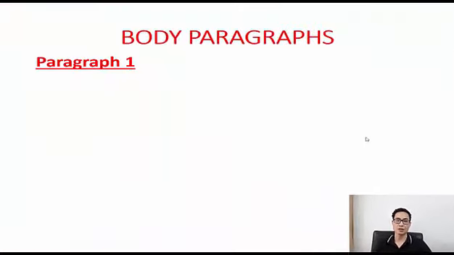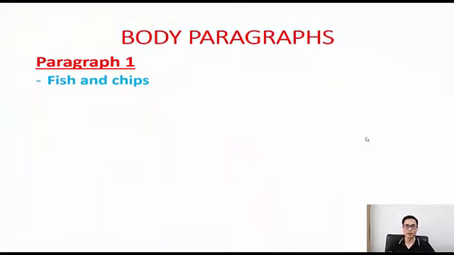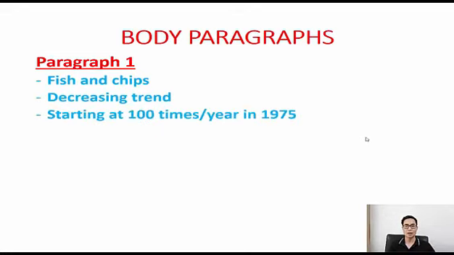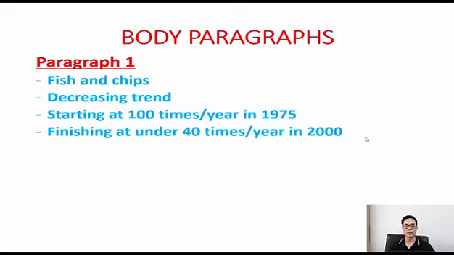Based on this analysis, we can draft 2 body paragraphs like this. Paragraph 1: we talk about fish and chips, which represented a decreasing trend. Their consumption was 100 times in 1975 and only 45 in 2000.